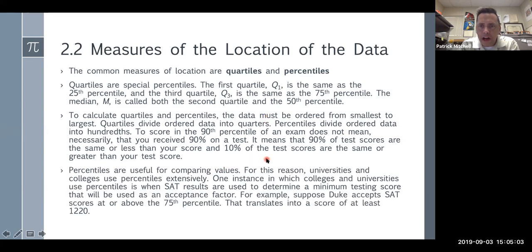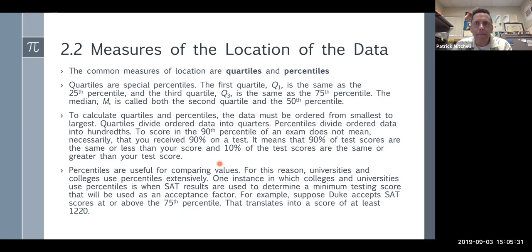Percentiles are generally used in very large data sets, and they're useful for comparing values. Let's say I'm teaching two different statistics classes. One class might be at 7 o'clock in the morning, and the other at 11 o'clock in the morning, and they attracted different groups of students.